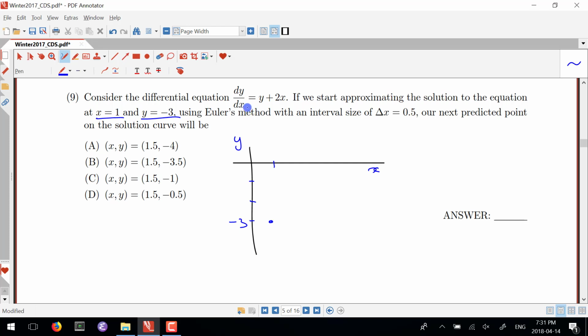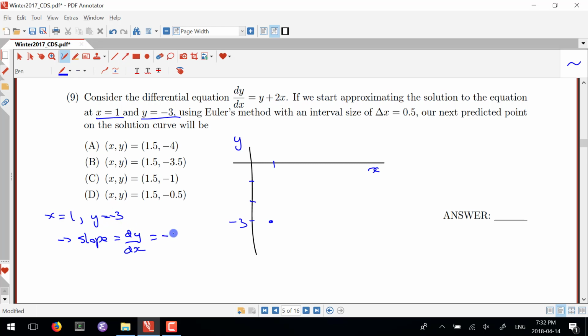At that point, we can compute the slope of the graph of y against x using the differential equation, with x equals 1, y equals -3. That's going to give us a slope equal to dy dx of y plus 2x.